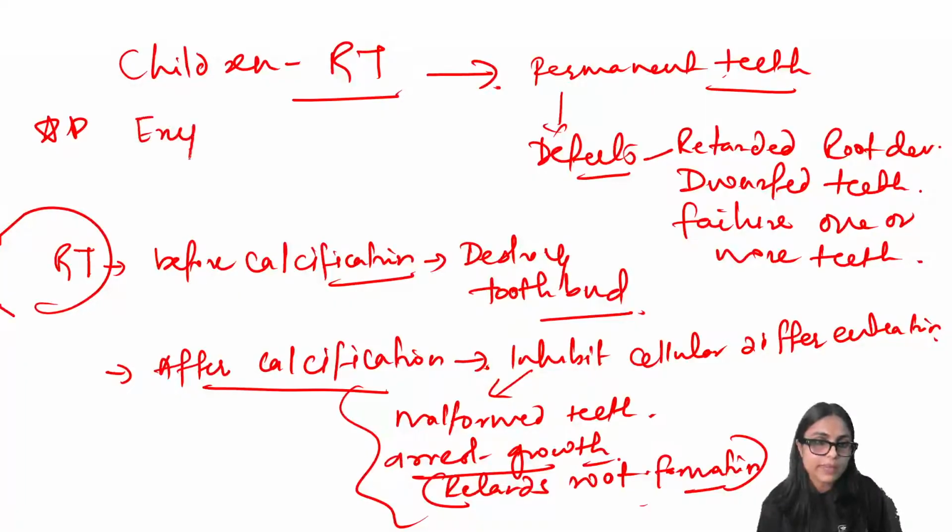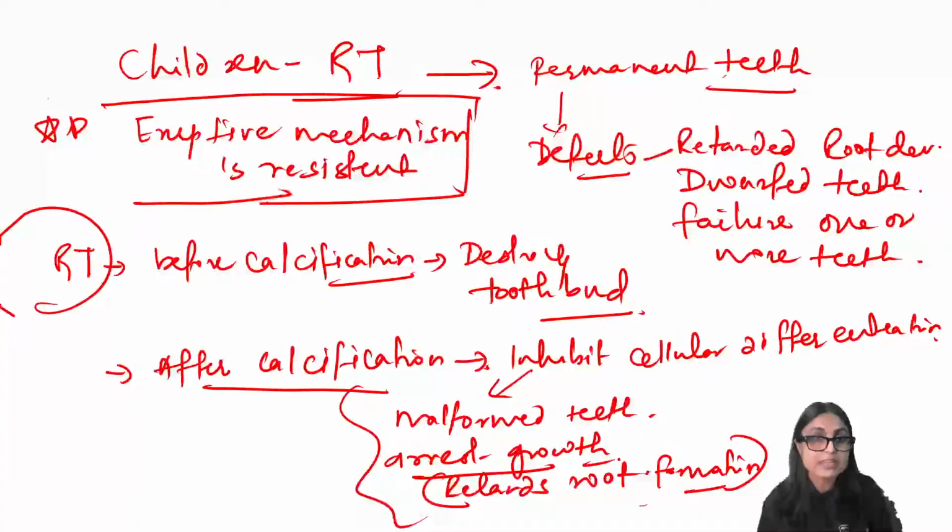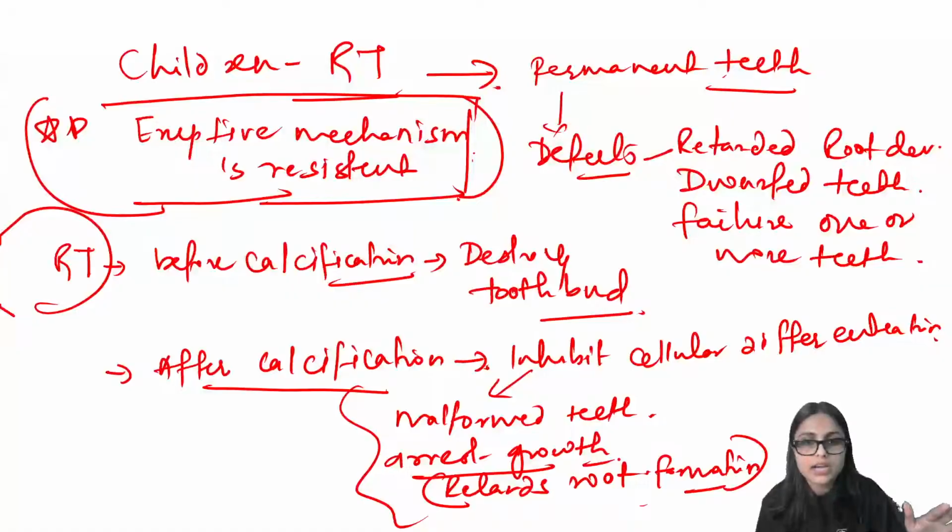The eruptive mechanism is resistant to radiotherapy. Meaning what? Even if the growth is retarded, there is a malformation in the root, the tooth will erupt into the oral cavity. Okay, the eruption is not affected by radiation. So the eruptive mechanism is resistant.